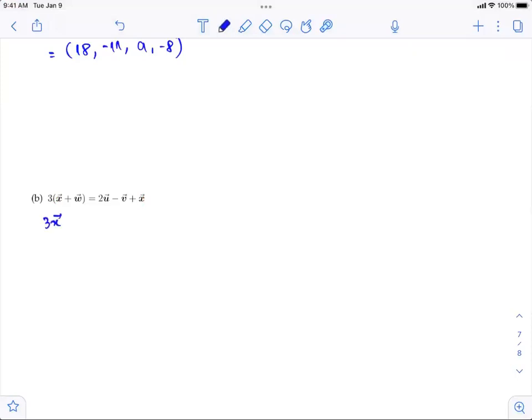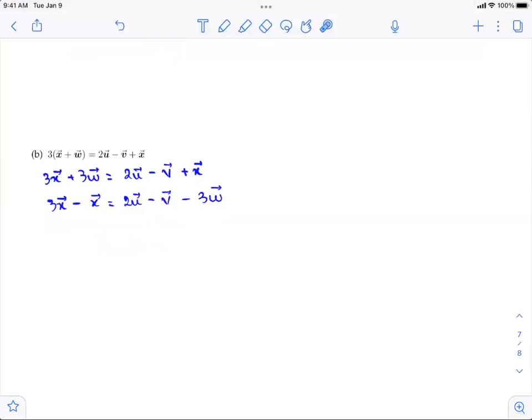So 3x plus 3w equals 2u minus v plus x. And then what you do is you just move x to the left-hand side and move 3w to the right-hand side. Right. And you get 3x minus x equal to 2u minus v minus 3w. And on the left-hand side, you have 2x equal to 2u.